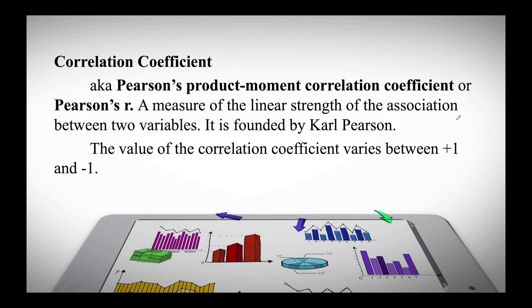So, the value of the correlation coefficient varies between positive 1 and negative 1. So, meaning, ang gitna nila is 0. So, we can have here negative 0.89, negative 0.64, positive 0.22, positive 0.88. As long as it is bounded by positive and negative 1, then it can be the value of the correlation coefficient.